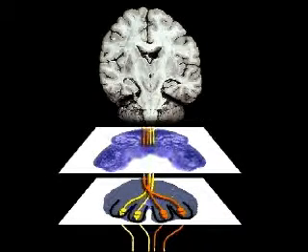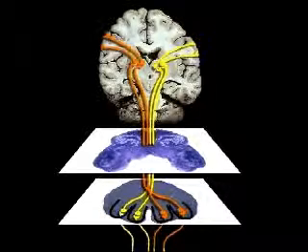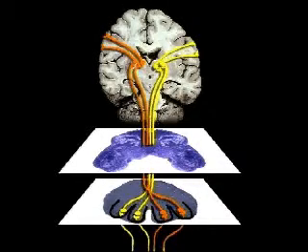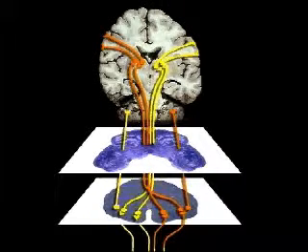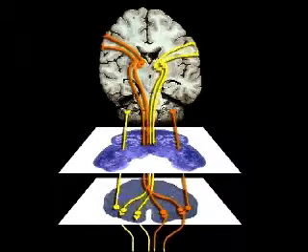After decussating in the upper medulla, they ascend as the medial lemniscus to synapse in the thalamus with third-order neurons. Some second-order fibers, called posterior arcuate fibers, arise in the cuneate nucleus to form the cuneo-cerebellar tract. It carries information to the cerebellum.